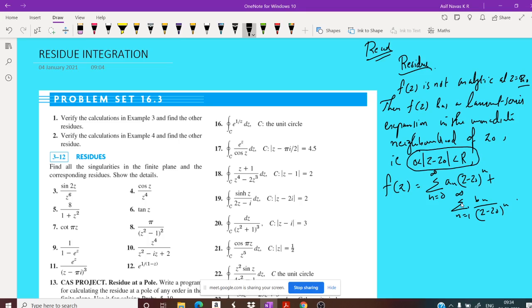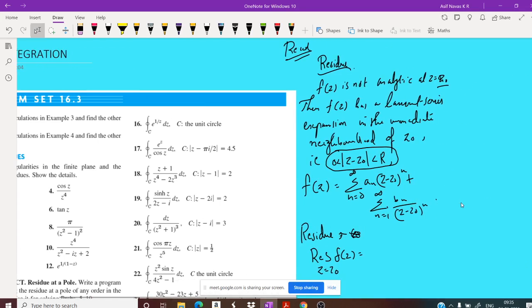So the residue of f of z at z equal to z naught is simply the coefficient of 1 by z minus z naught in the Laurent series expansion.